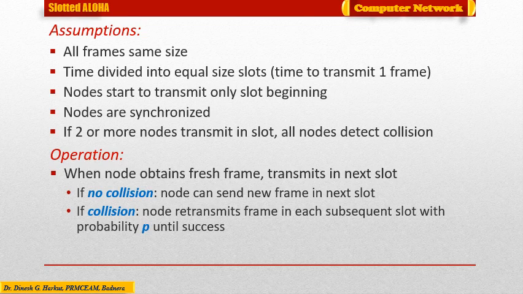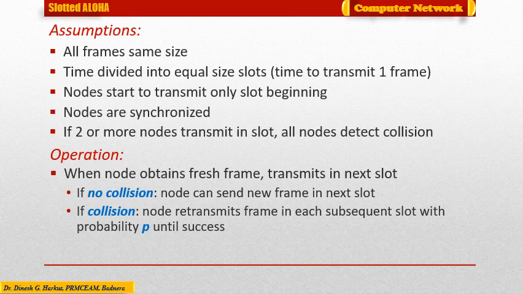But if there is a collision, the node detects the collision before the end of the current slot. The node retransmits its frame in each subsequent slot with the probability P until the frame is transmitted without any collision.